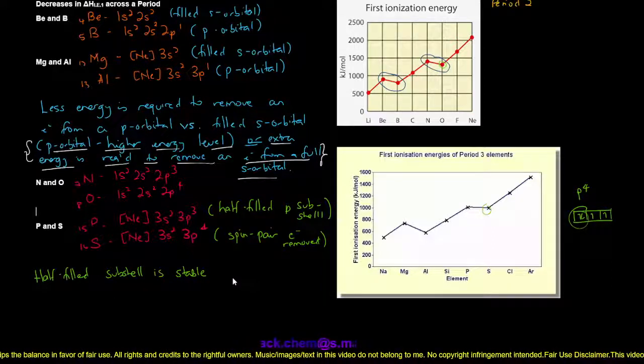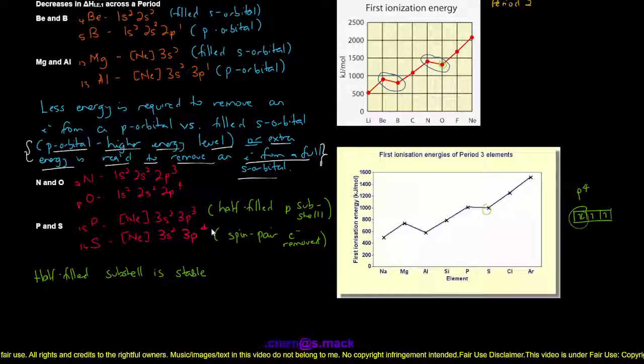So to remove an electron will take a certain amount of energy, keeping in mind that that half-filled subshell is stable. Why does that tell us that it takes less energy to remove an electron from an incompletely filled subshell?